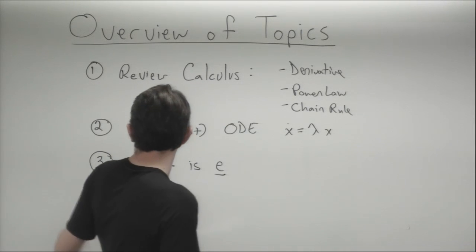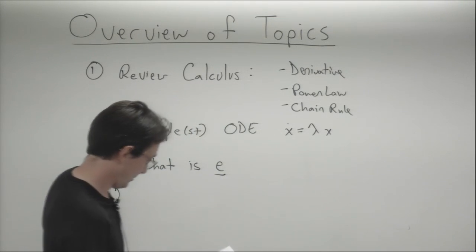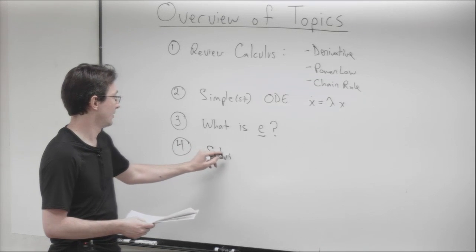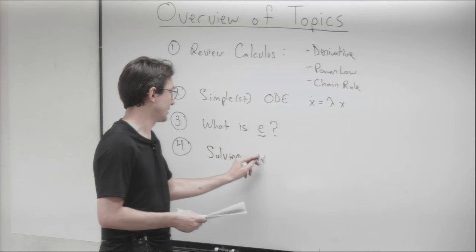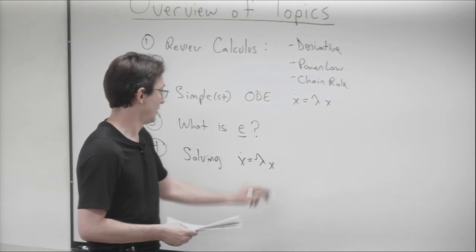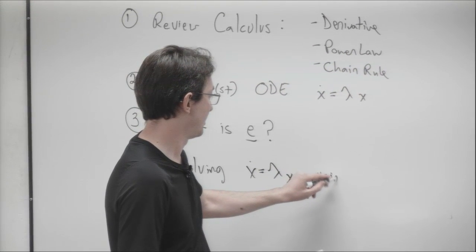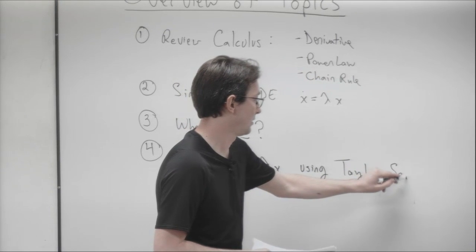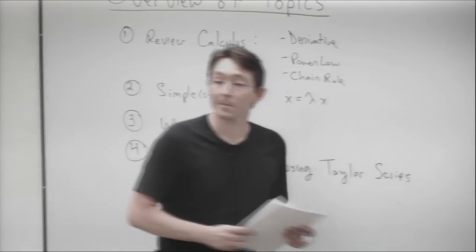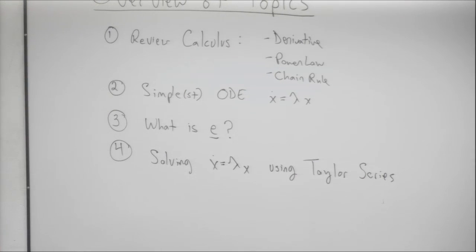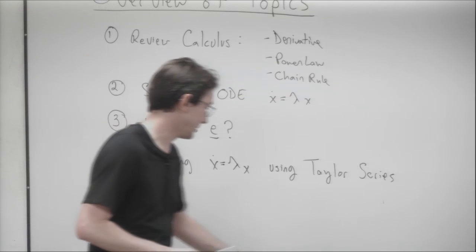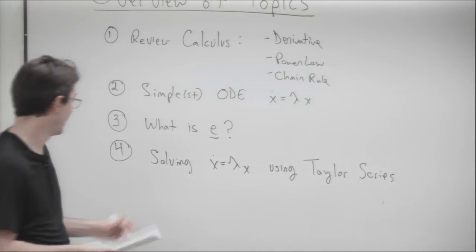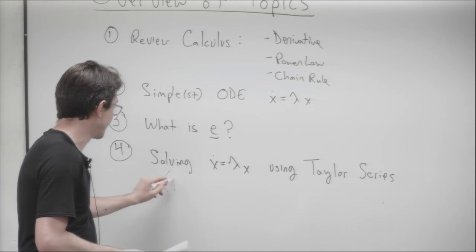And then the 4th topic is solving this equation, x dot equals lambda x, using Taylor series. There's a good chance that number 4 will be something we do on Monday, so this is probably for the next lecture.